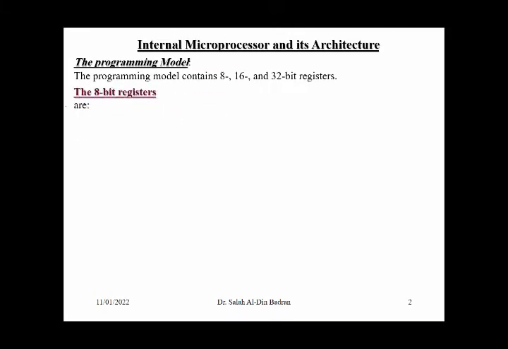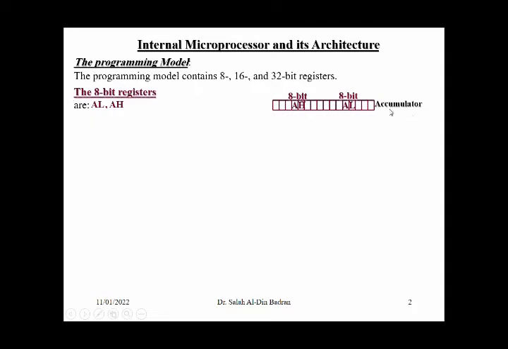The 8-bit registers, we are talking now about the Intel architecture. The 8-bit registers are AL and AH, 8-bit. We call this the accumulator. AH is the higher byte and AL is the lower byte.